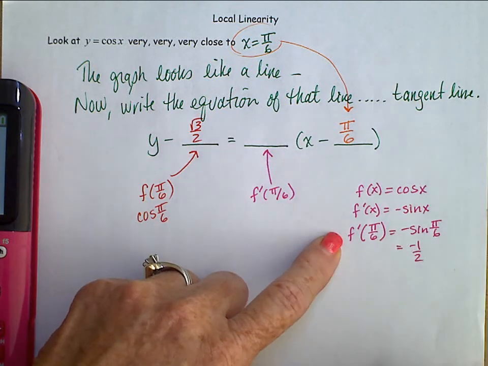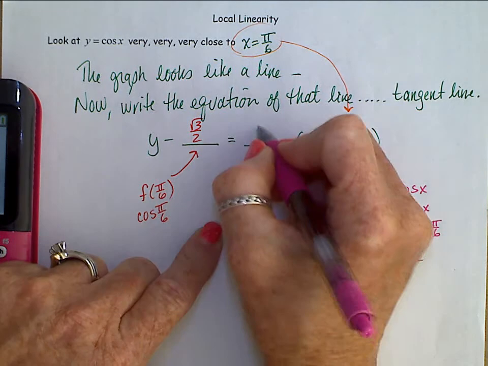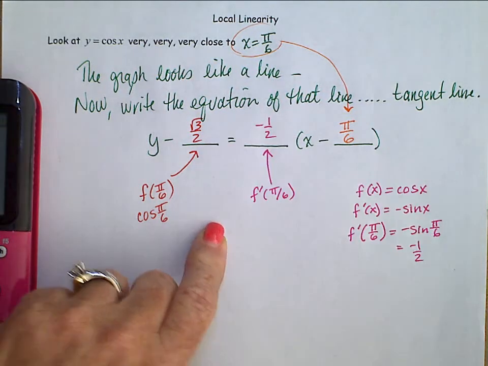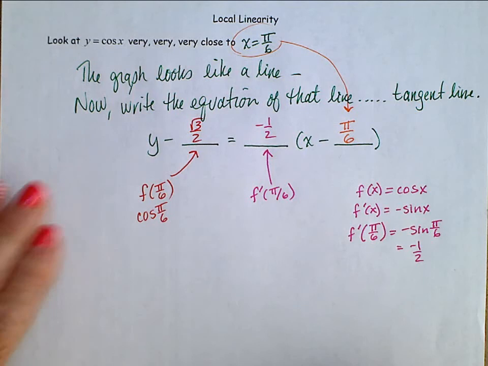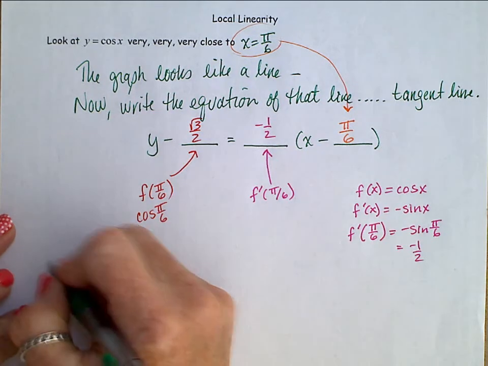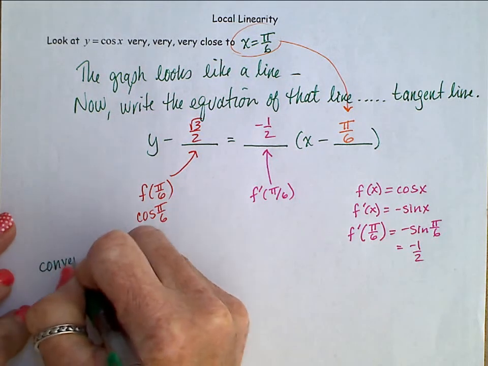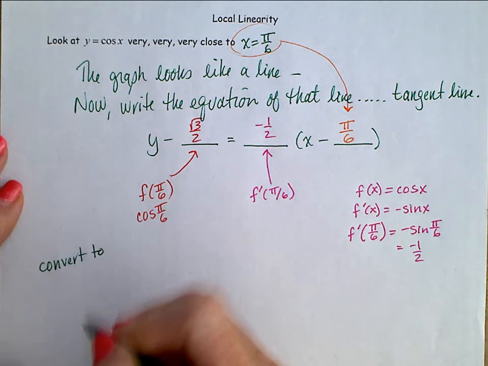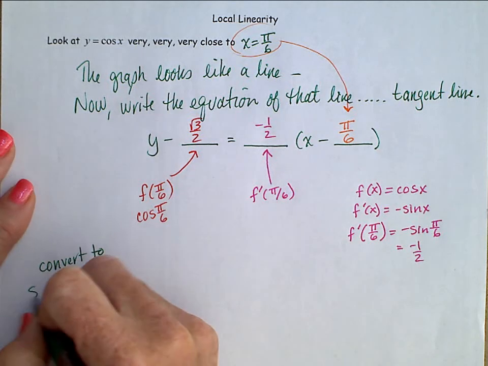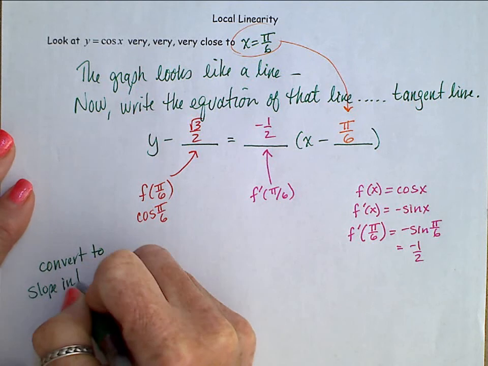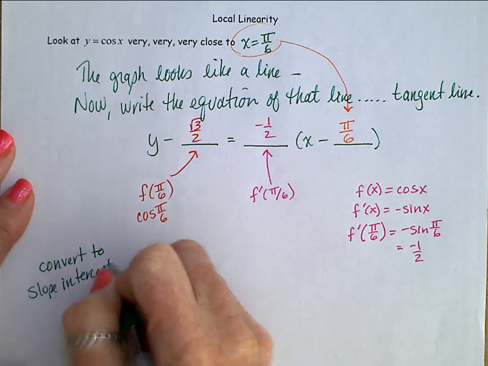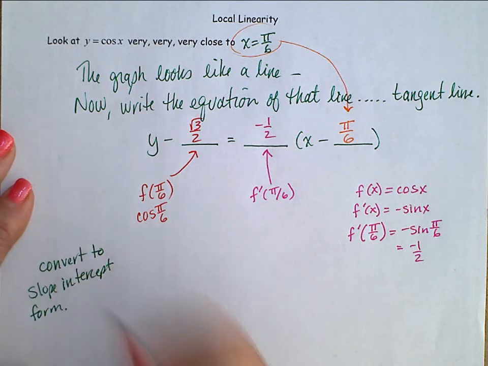So negative a half. There's the slope. Okay. Now I want you to take this line and convert to slope-intercept form. So that's y equals mx plus b.